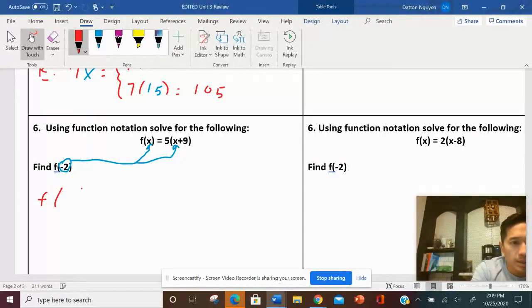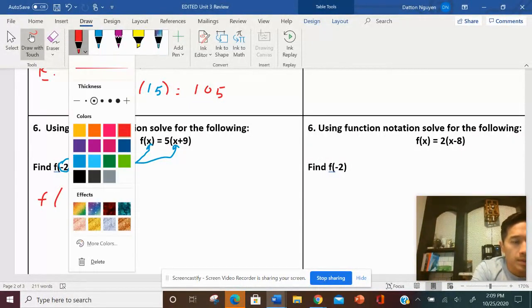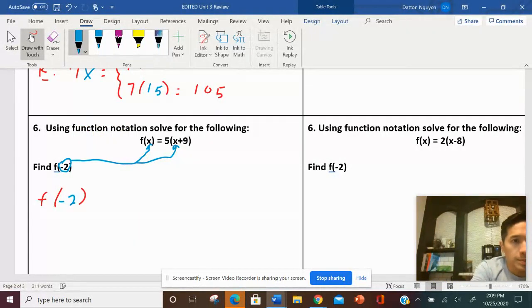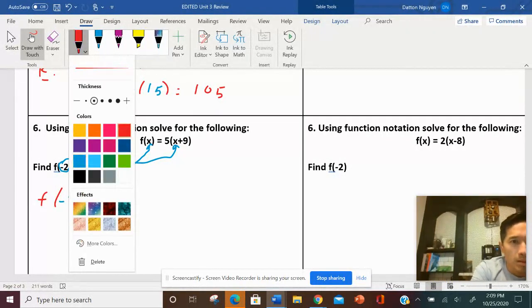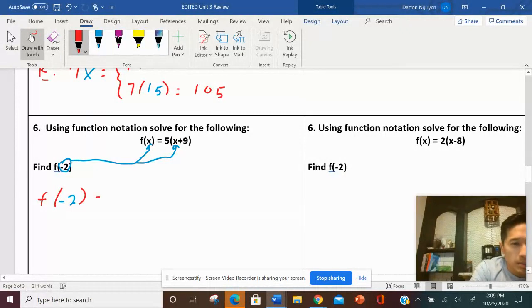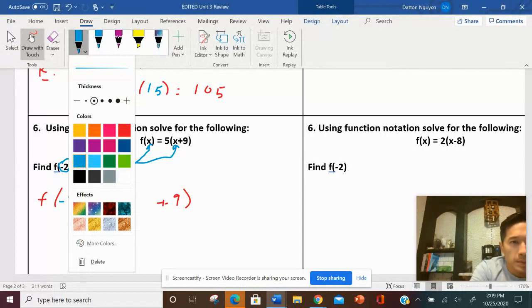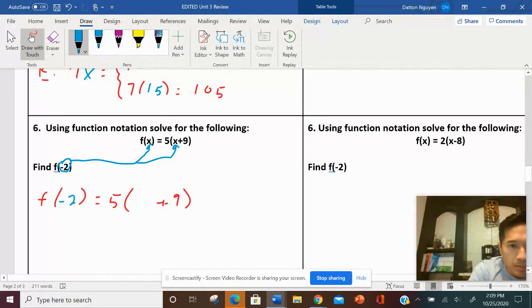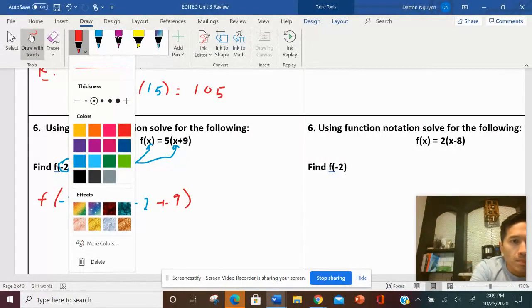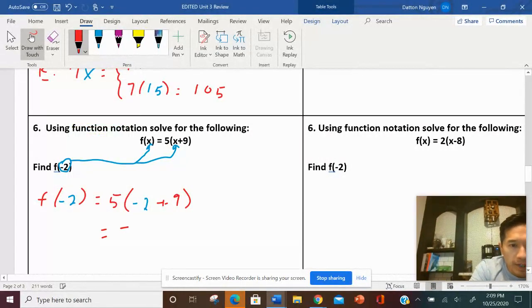f of -2 equals 5 times -2 plus 9. So this gives me 5 times 7.